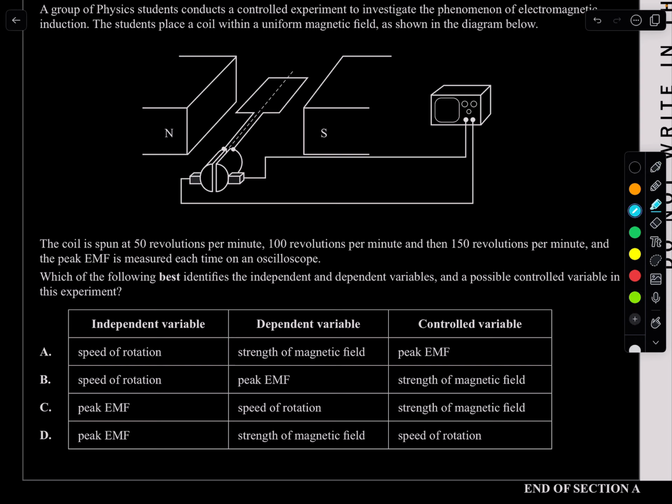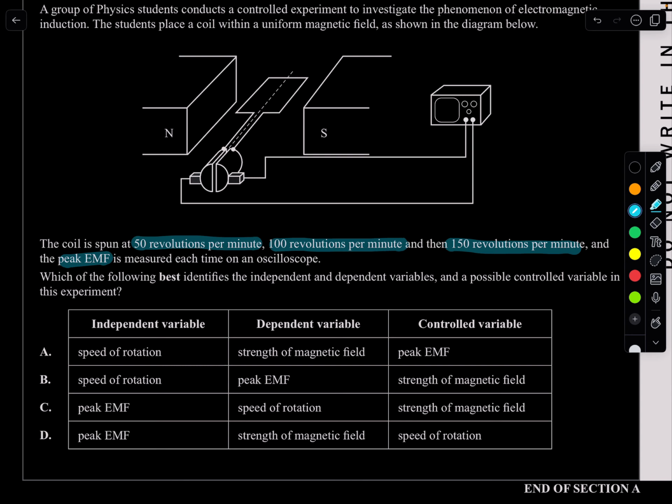What I can see is that they're changing the speed of the rotation, meaning that this must be your independent variable. Because remember, the independent variable is the variable that you change. And the result of changing that independent variable is the dependent variable, which in this case, what we want to measure, is the EMF. So your EMF must be your dependent variable.